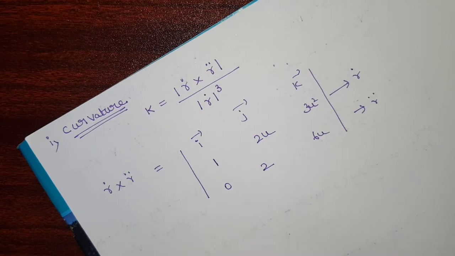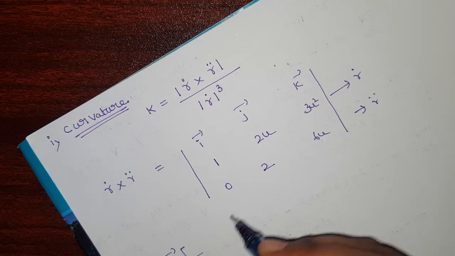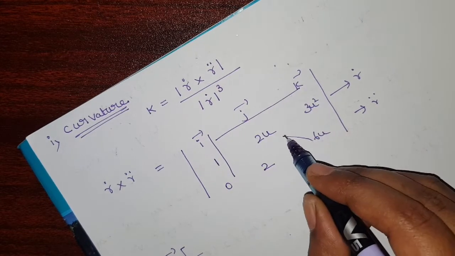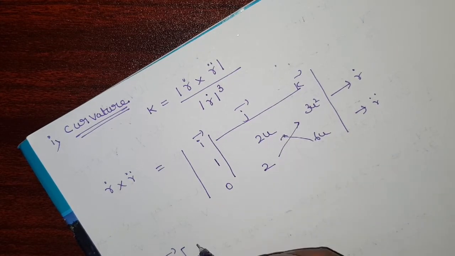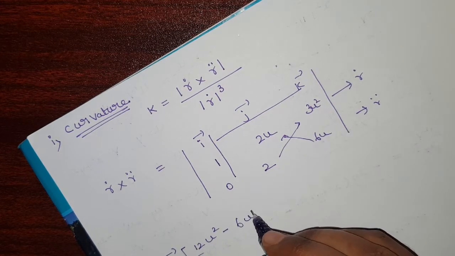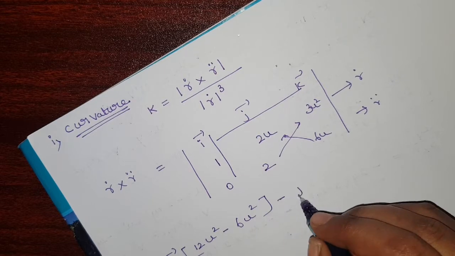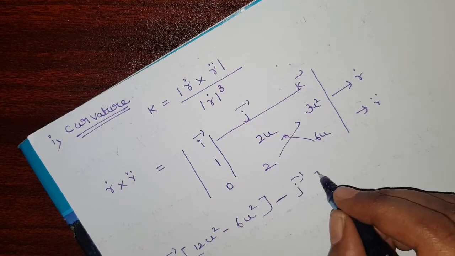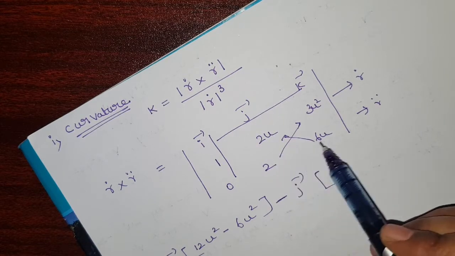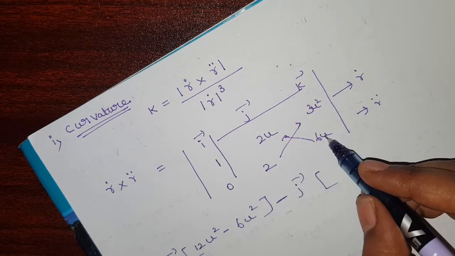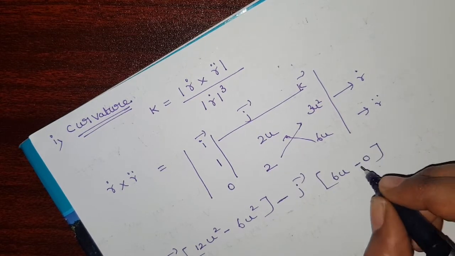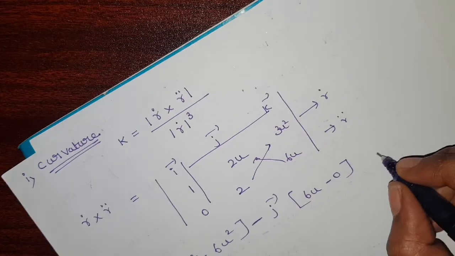Finding the determinant, taking the i vector we omit those terms and multiply the rest: 6 twos are 12u square minus 3 twos are 6u square. Then, minus, considering the j term we omit that part and cross multiply the remaining: 6 into 1 is 6u, and 0 into 3u square is 0.